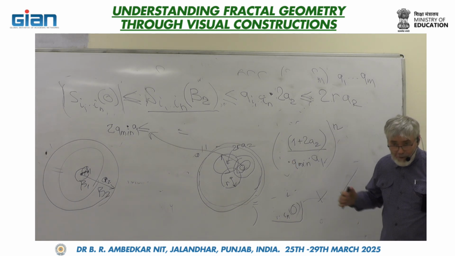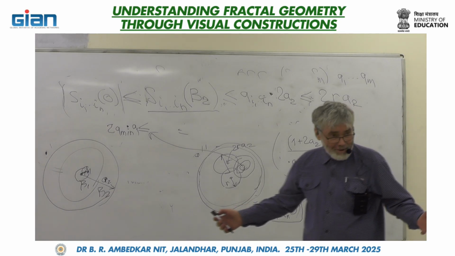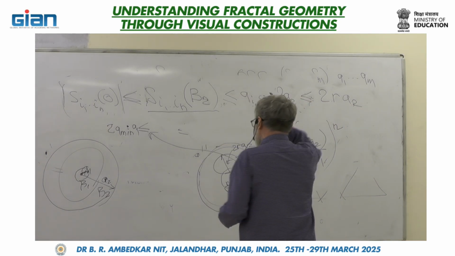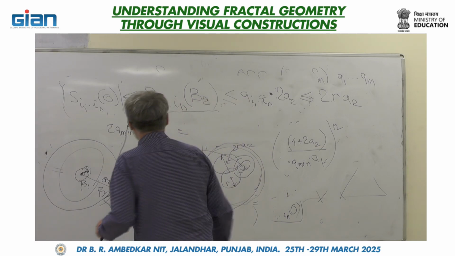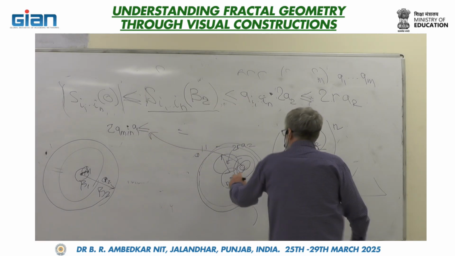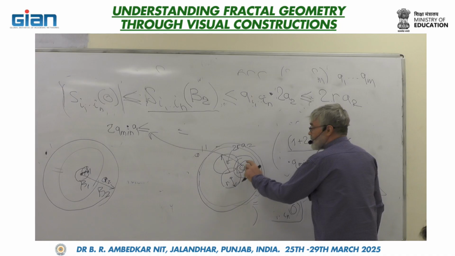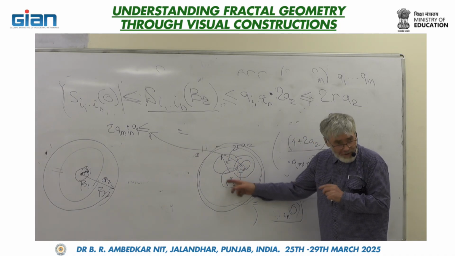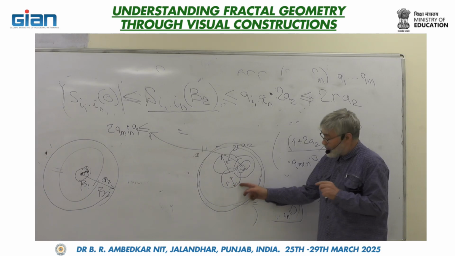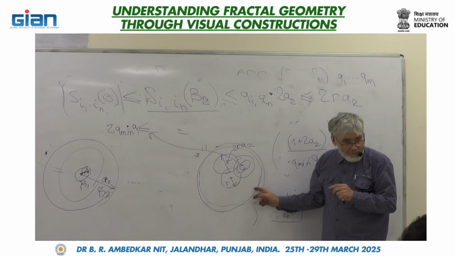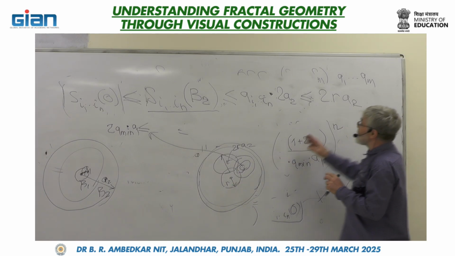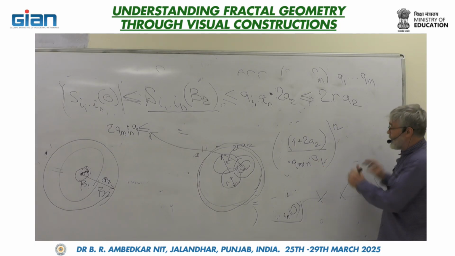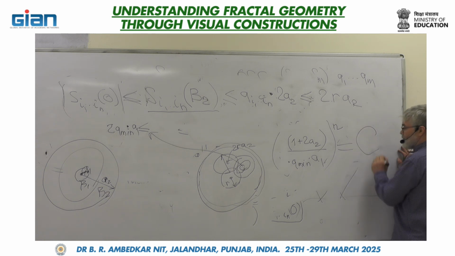So this evaluation doesn't depend on R. So whatever ball we take, and if we consider the neighbors of this ball, the number of neighbors will always be less than this number, and it will be C.